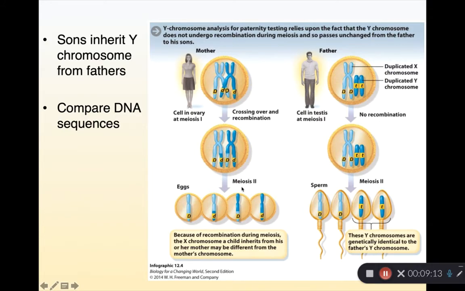So where X and X chromosomes are able to recombine, able to increase that genetic diversity, that is not true when we're looking at the XY chromosomes. So because of this, we know that we can really use that Y chromosome and know that the types of genetic diversity that we're seeing are directly related to the father and not because of some sort of crossing over or recombination that's occurring in the X chromosomes.